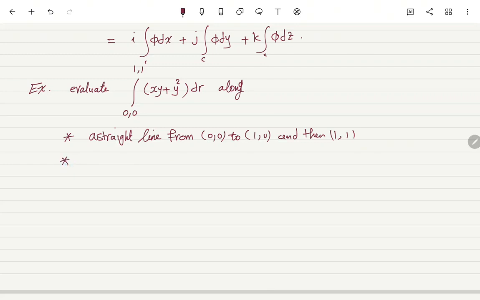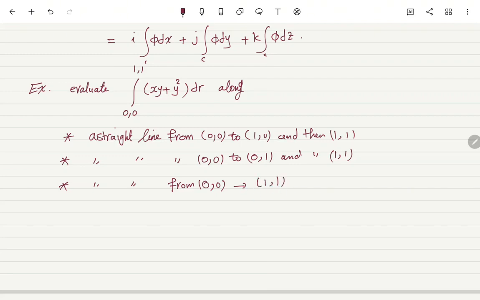Now the second integral along a straight line from 0 0 to 0 1 and then 1 1. The last one is a straight line from 0 0 directly to 1 1.